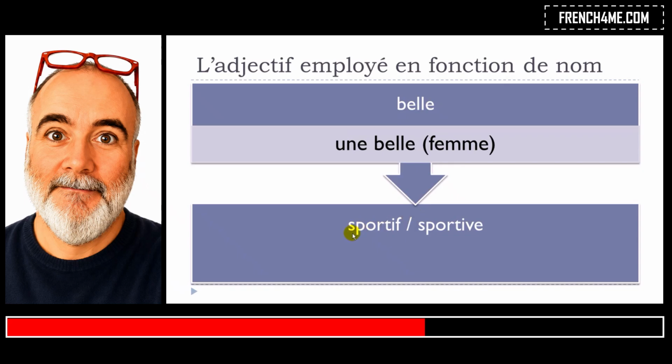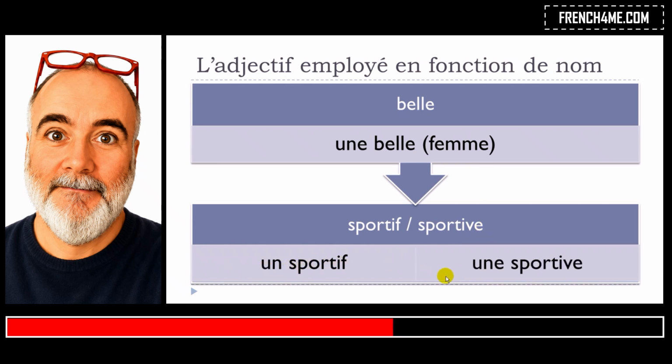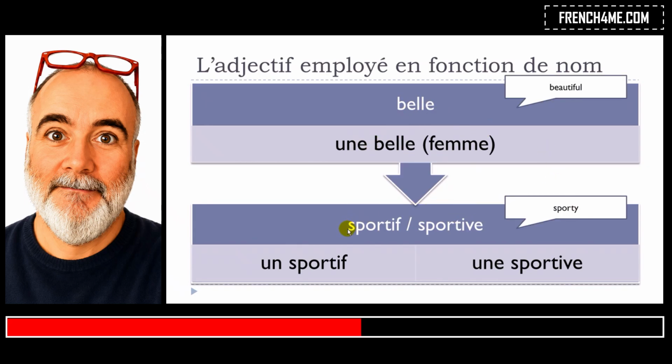Or then we can take, for instance, this adjective sportif, and in that case you've got the masculine sportif and the feminine sportive, and you will make un sportif and then une sportive, so two nouns actually constructed based on the adjectives. All right, for the translation, here it is, belle, une belle, sportif, sportive, so l'adjectif, and then un sportif, une sportive.